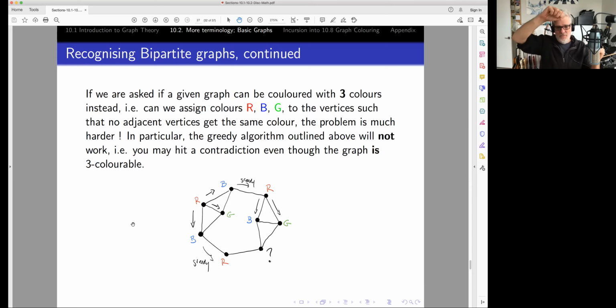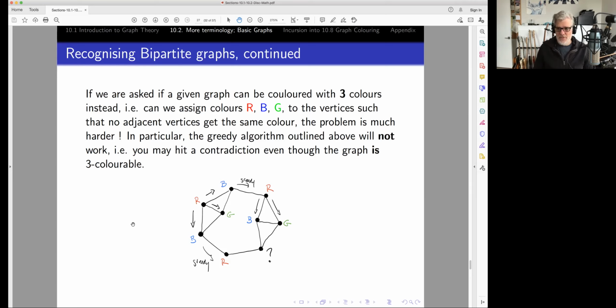Now, if I try to be greedy and then I move to the next, that's where I wrote greedy both ways, right? If you then move on to those and you color those red to be as greedy as possible, in the sense that you try to use the least number of colors possible, then you will get a no answer with this method. So you'll be stuck with a vertex that cannot get any of the three colors, but it's just that you started wrong.